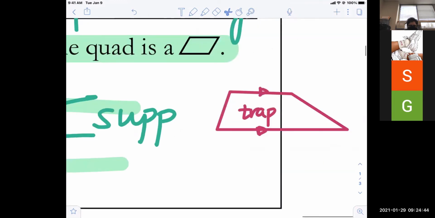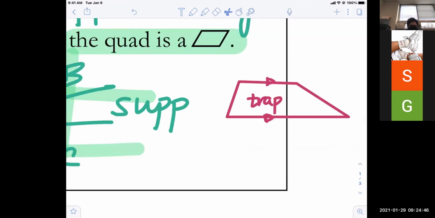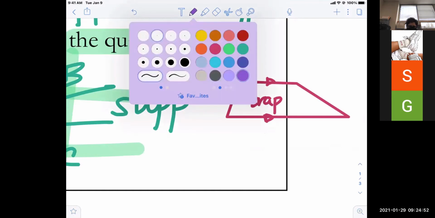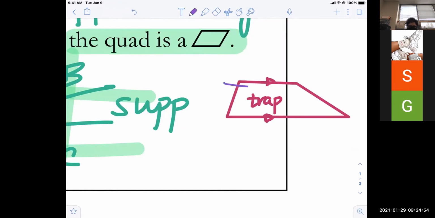Okay, so you will have supplementary, like whatever this angle measure here is, whatever the angle measure here is, it will have to be supplementary to the one below it. However, it will not be supplementary to the other one.